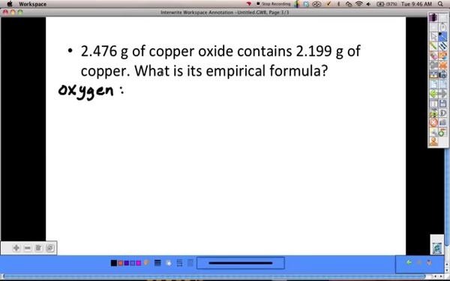So given this data, how would I determine how much oxygen I have? Yeah, I would subtract, absolutely. So I have 2.476 minus 2.199. I would subtract the mass of the copper from the mass of the total to give my mass of oxygen.